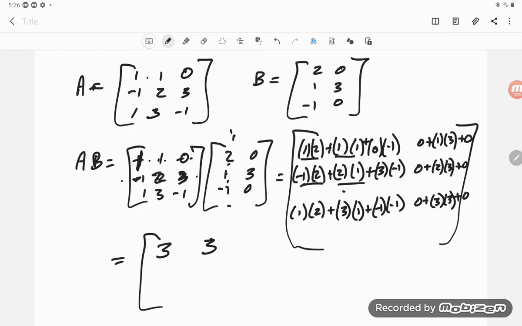Oh, they cancel each other out, and then 3 times negative 1 is a negative 3, and 2 times 3 there is 6, and then 1 times 2 and 3 times 1, that makes a 5, and negative 1 times negative 1 is 1, so that makes 6. And then 0 and 3 times 3 is 9, and another 0. And so there's my product.